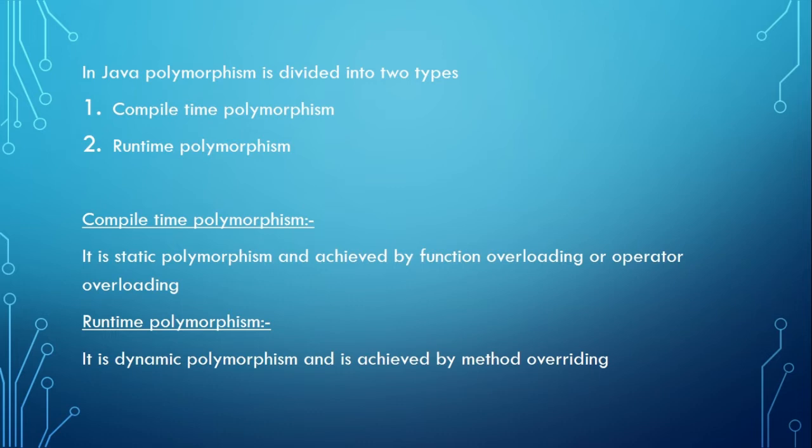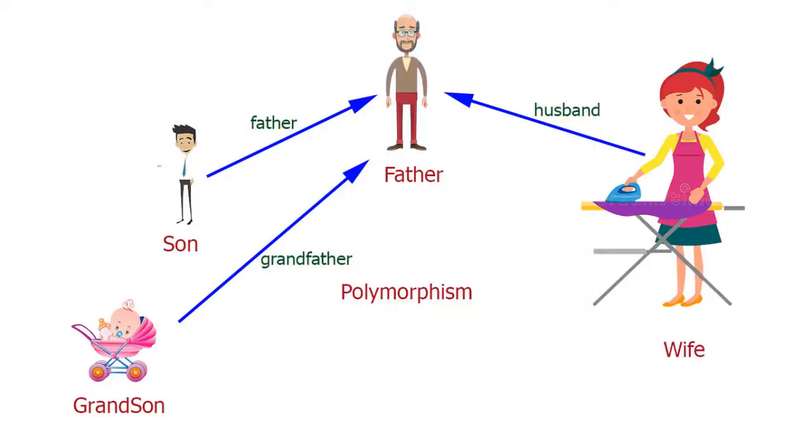We will discuss compile time polymorphism and runtime polymorphism in detail in the next chapter. A real-time example of polymorphism can be a man as shown in the figure. A man can be a husband for a wife, a father for a son, and a grandfather for a grandson.